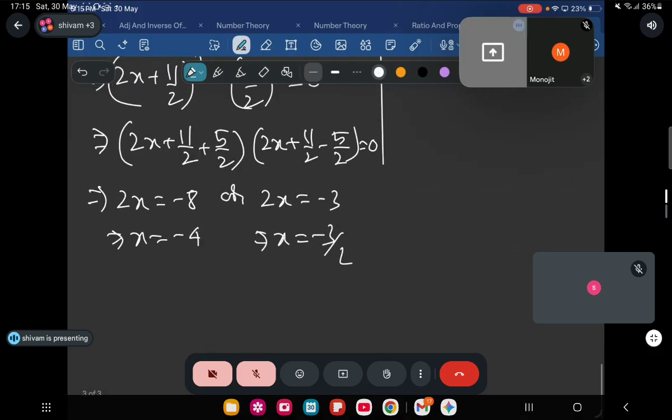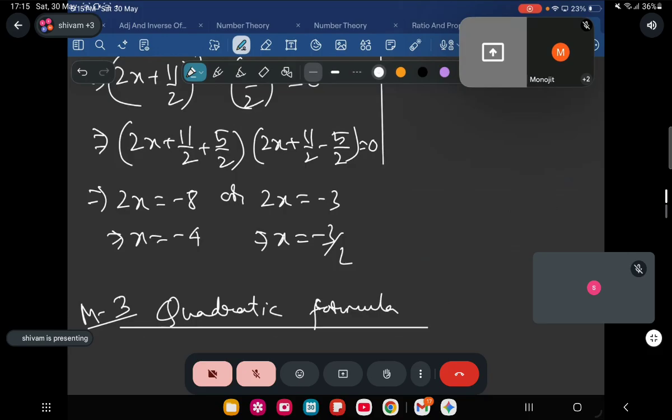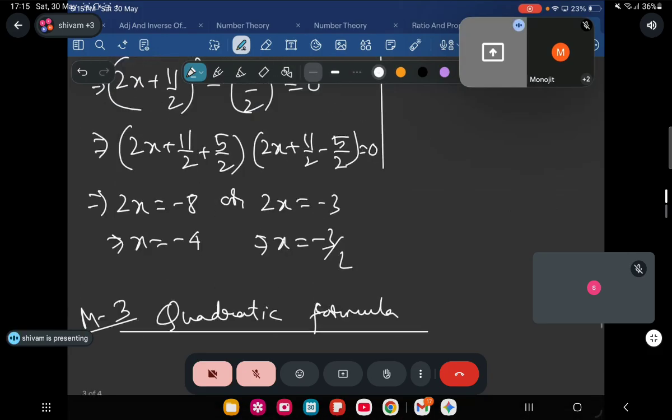Next, another method, method 3, the quadratic formula. Do you remember the quadratic formula?